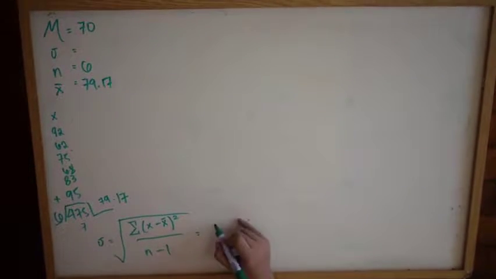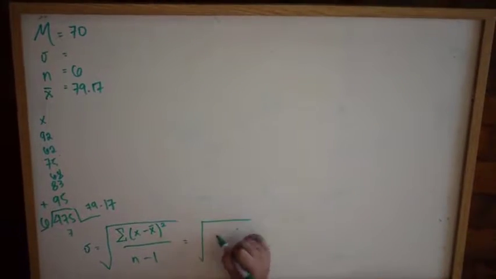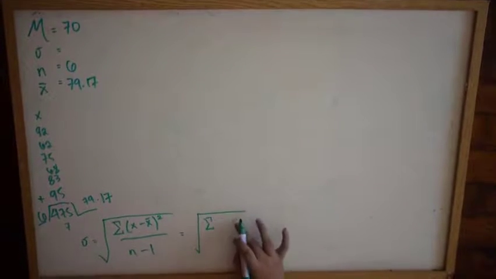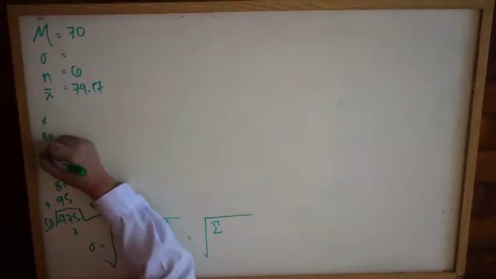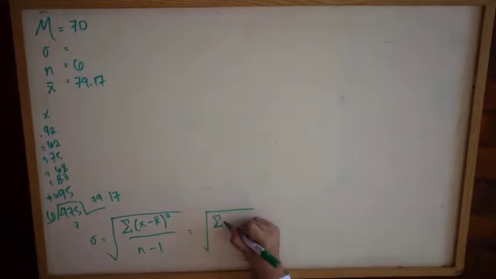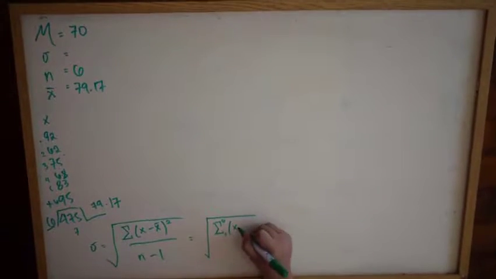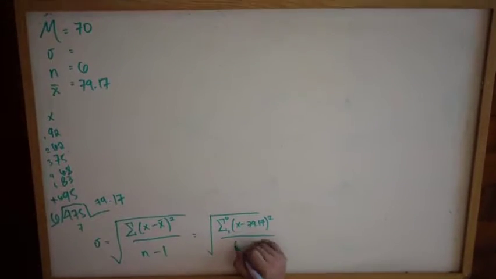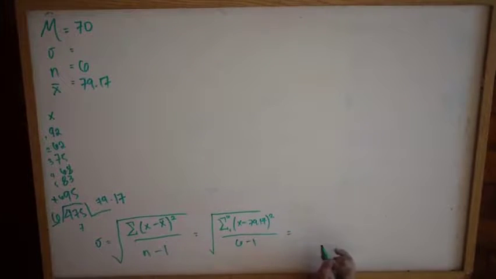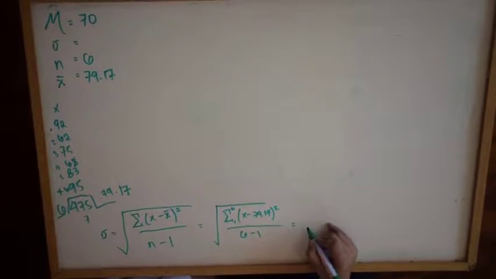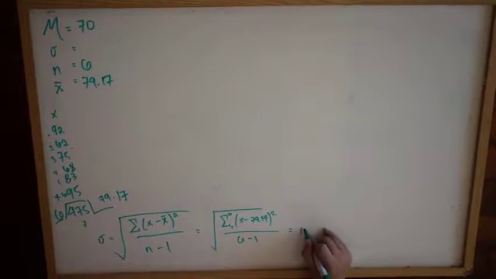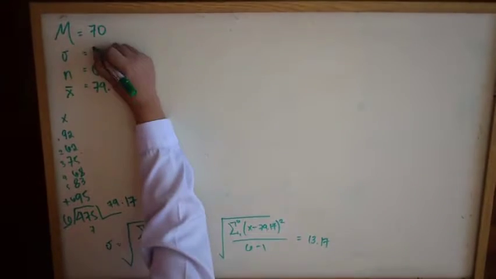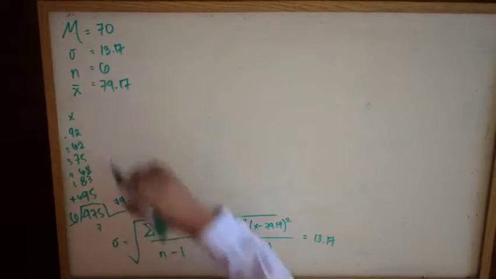Square root of summation from 1 to 6, since we have 6 samples, and then we substitute our x bar with the mean that we got, 79.17, and n with 6. We will get 13.17 if you input it in a calculator. So our standard deviation is 13.17.